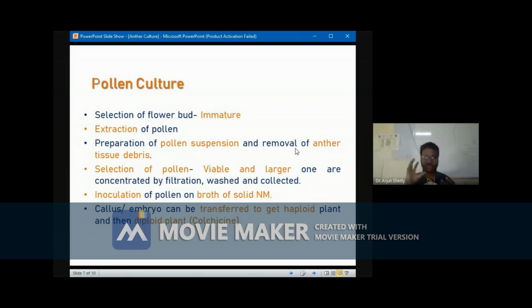Once the maturation of the pollen occurs, that pollen may be shed off and start its natural phenomenon, which we call pollination. It may be self or cross pollination. So before the commencement of the maturation stage in the flower, the immature flower bud has to be selected, a flower in bud condition, where the immature pollen grains should be there.